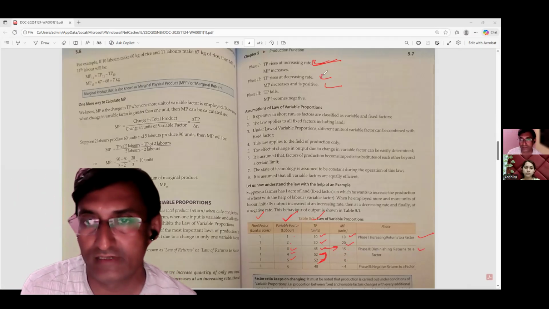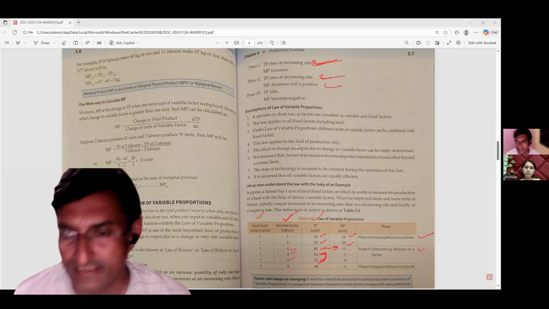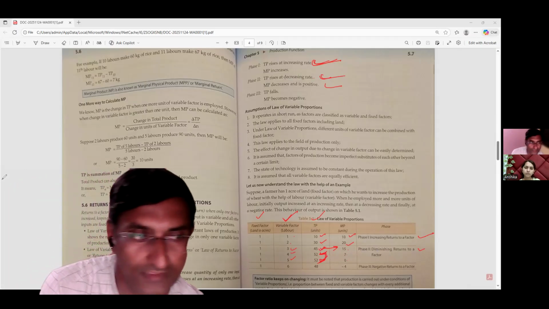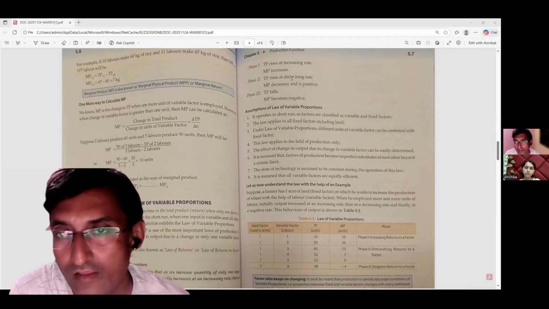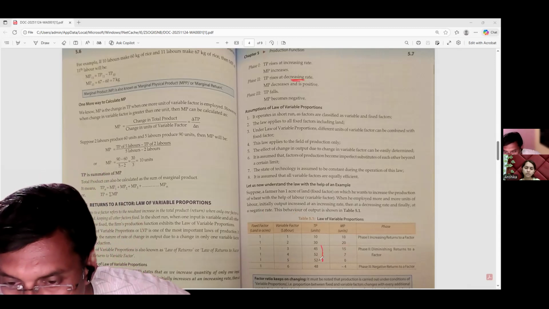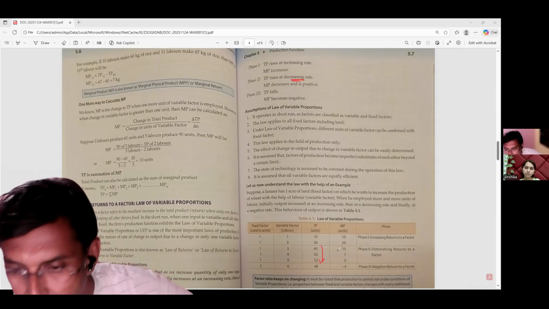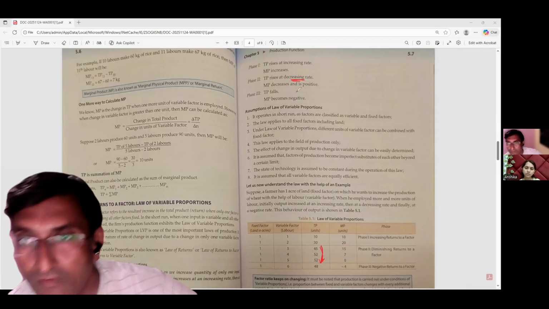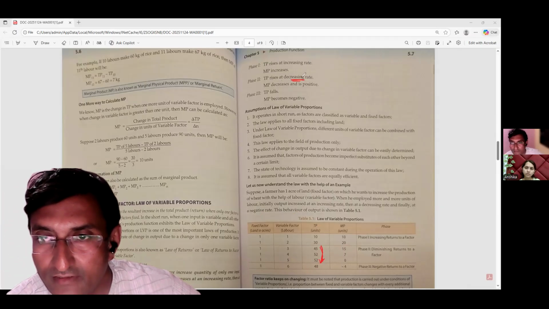Now, come to the main point again. TP rises at a decreasing rate.